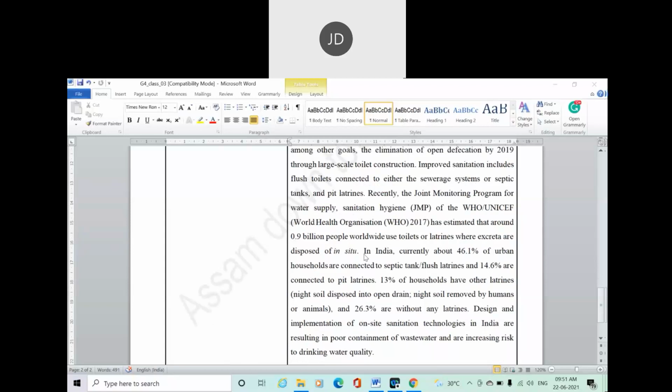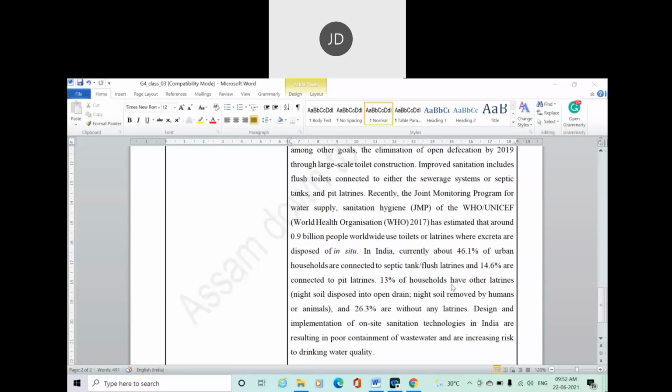When it comes to India, currently around 46.1% of urban households are connected to a septic tank or flush toilet, and 14.6% are connected to a pit latrine. Looking at the overall population, 13% of households have other latrines, where night soil is disposed of in the open drain.